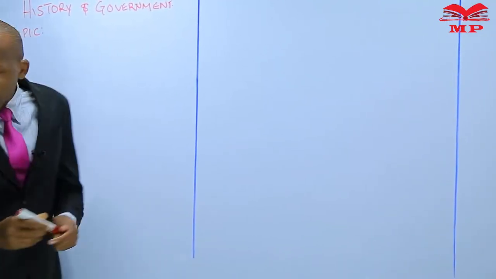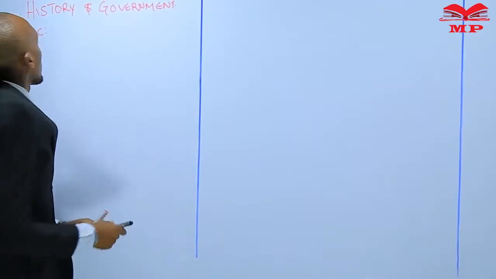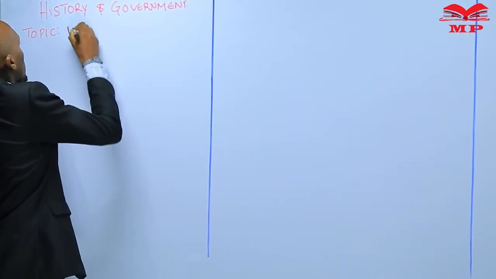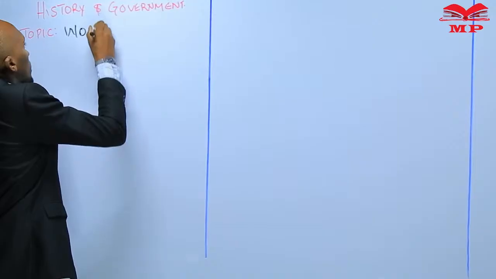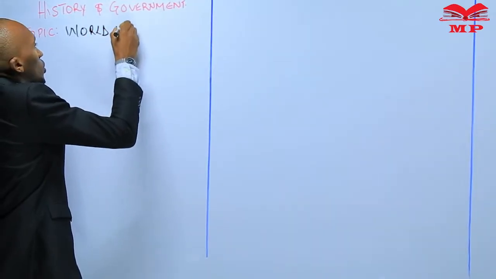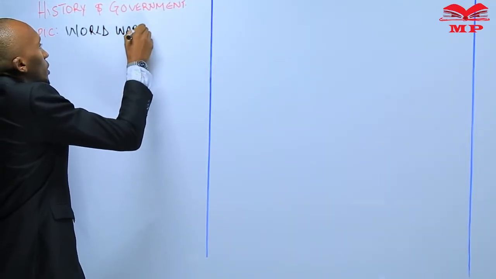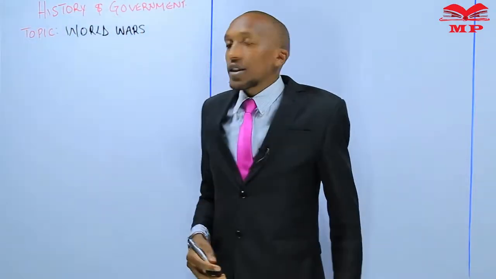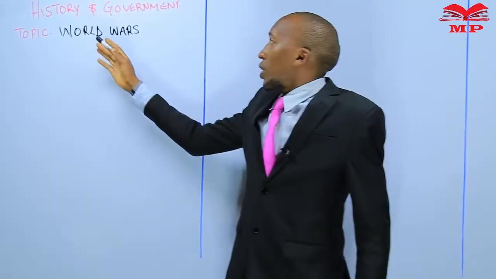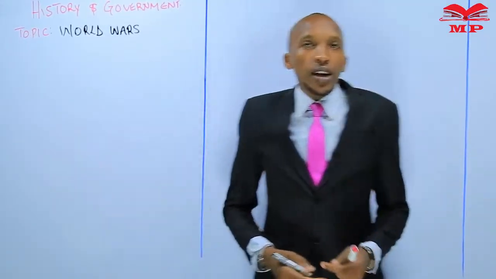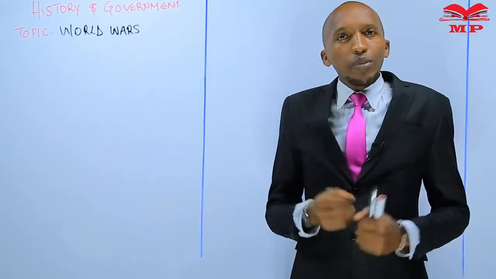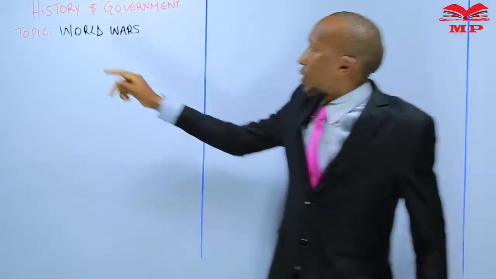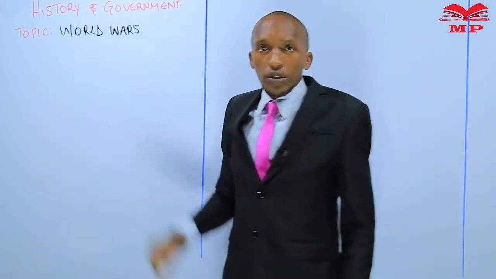Our topic for today, we are going to look at world wars. Remember, in our previous topic, we introduced and defined what a world war is. And my dear learner, would you be able to remember the definition that we gave for world wars?